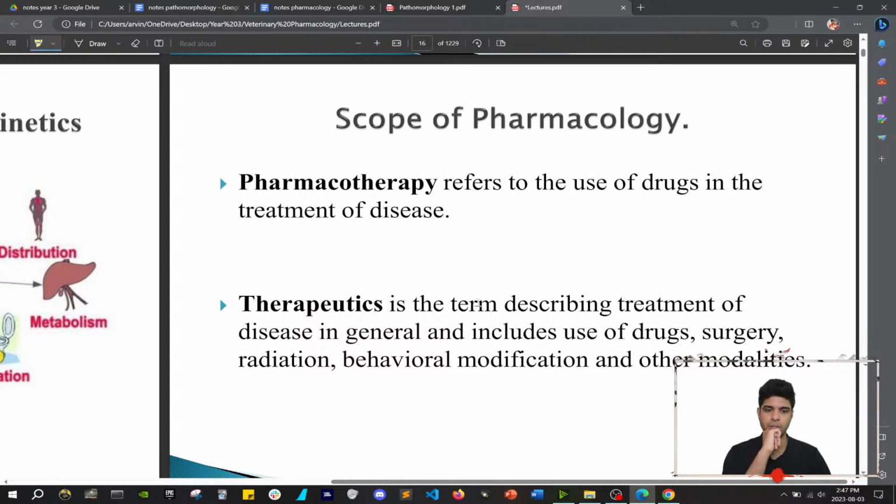Therapeutics is the term describing the treatment of a disease in general and includes the use of drugs, surgery, radiation, behavioral modification, and other modalities.